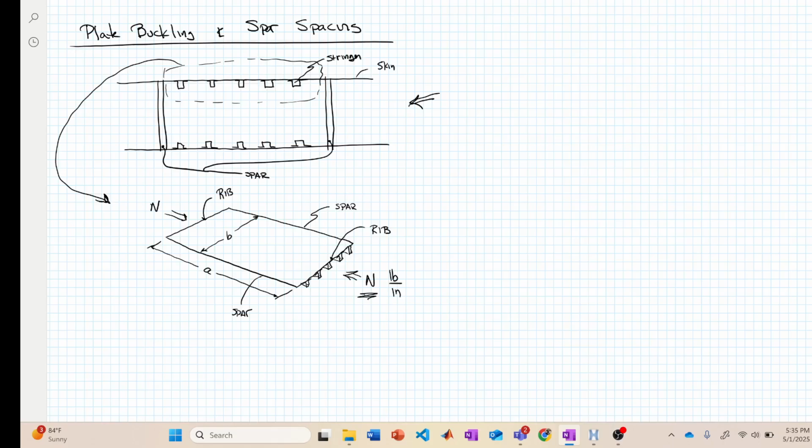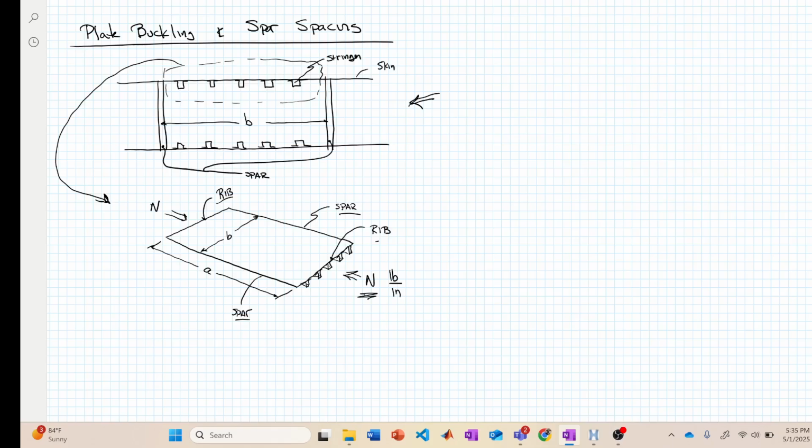On the right and left sides of that panel, we have spars typically, and on the front and back of the panels, we are going to have ribs. So A is again the rib spacing, and B will be our spar spacing. So this distance here is B.